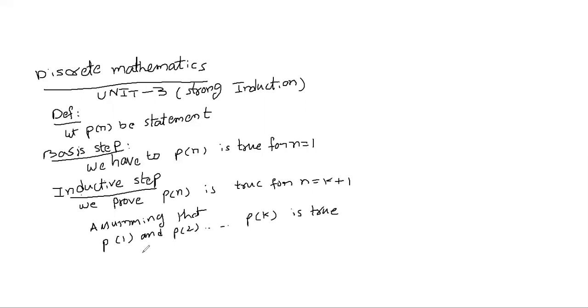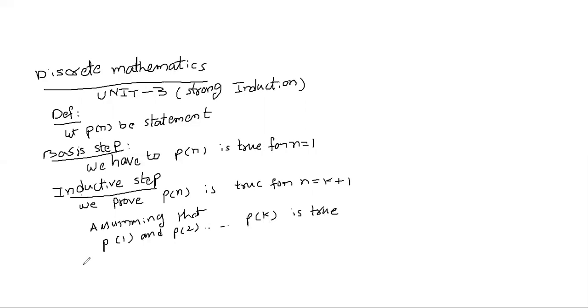That means P of 1 is true, P of 2 is true, up to P of k is true. Taking P of 1, P of 2, up to P of k as true, we have to prove P of n is true for n equal to k plus 1.